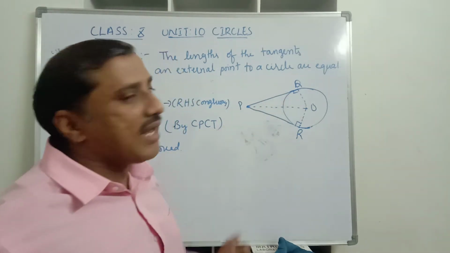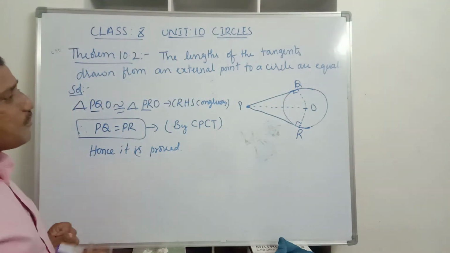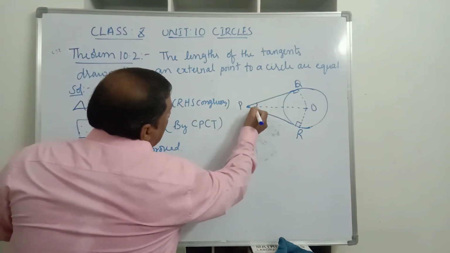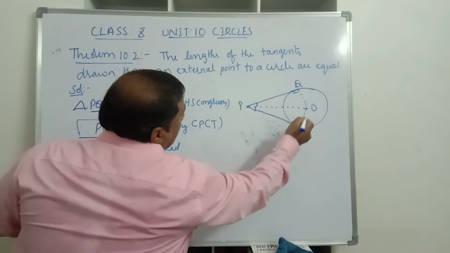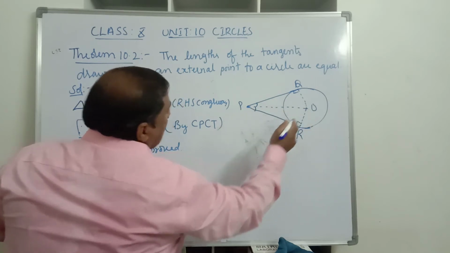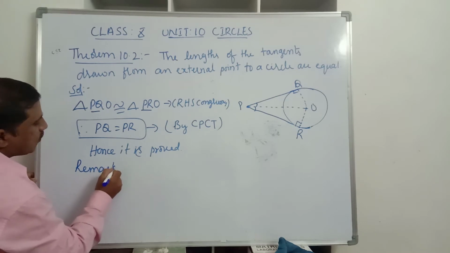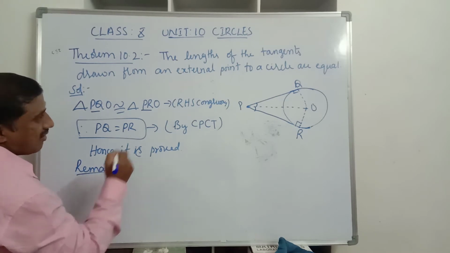PQ is equal to PR, which we proved. Now what about the angles? Angle QPO is equal to angle RPO. We can write these as remarks, and we use these remarks to solve the sums.